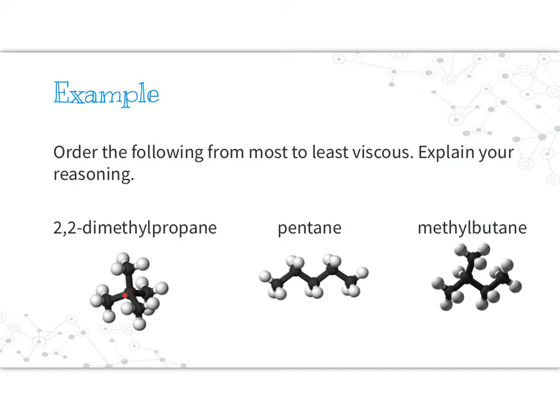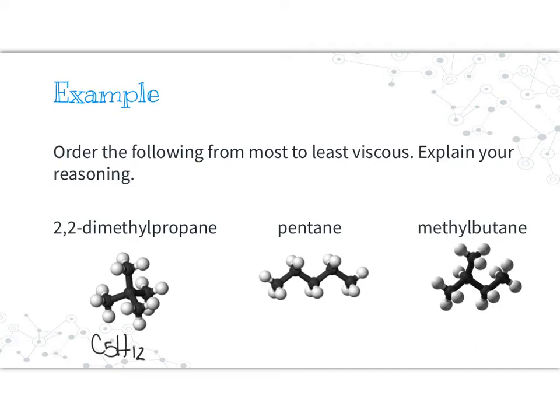I have 1 carbon in the center here, 2, 3, 4, 5 carbons. So C5. And then on each of these outer carbons, I have 1, 2, 3 hydrogens. So 1, 2, 3, 4, 5, 6, 7, 8, 9, 10, 11, 12 hydrogens.